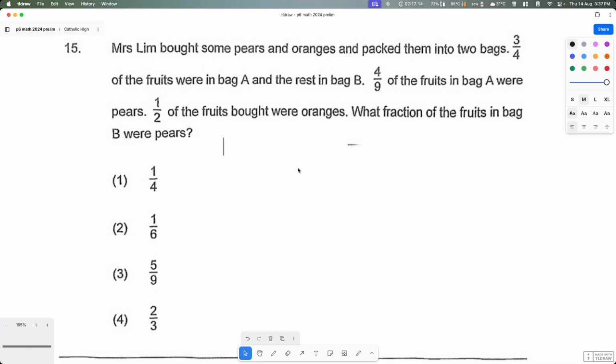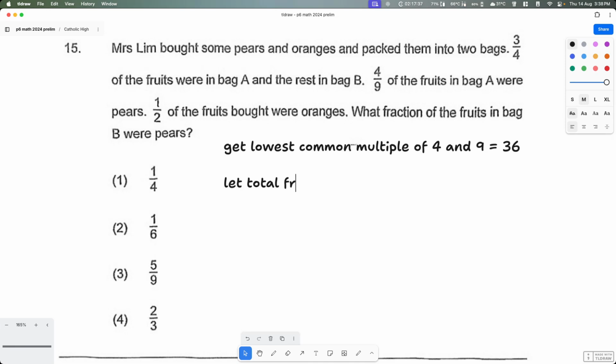Get the lowest common multiple of 4 and 9, which will be 36. So let the total fruits be 36 units.